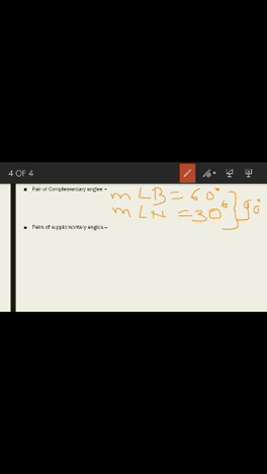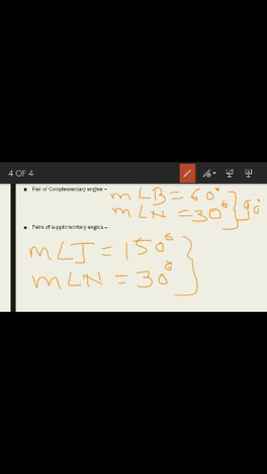Now supplementary angles are the same thing. Suppose we take supplementary angles, that is, the measurement of J is equal to 150 degrees. Which is the other one that we can add to get 180 degrees? That is the measurement of N, which is 30 degrees.